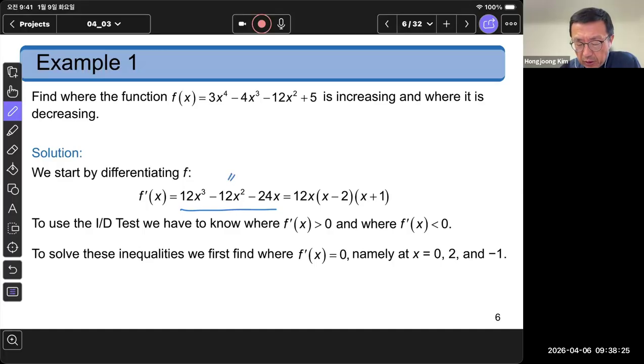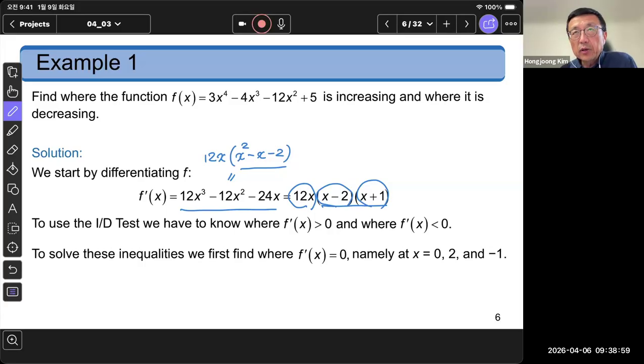So if I write it down using 12x as a common factor, then we get x squared minus x minus 2. And then if I factor this x squared minus x minus 2, you get a product of two first order terms. So we get 12x, x minus 2, and x plus 1. When you have this, what do we want? We want to find the intervals where the function is increasing or decreasing.